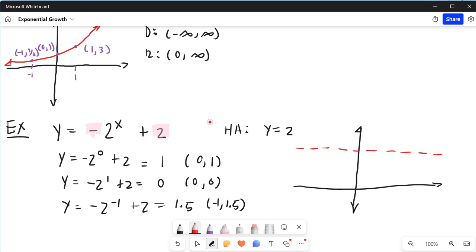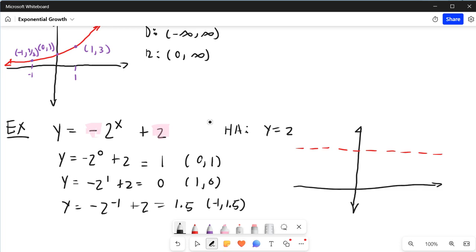And the thing about this is that it's saying that it's passing, I'm not sure, let me see. When I plugged in 0, there's something not right. This should be 1, 0. Yeah. So this point over here, the one where we plugged in 1 for x, that should be 1, 0.